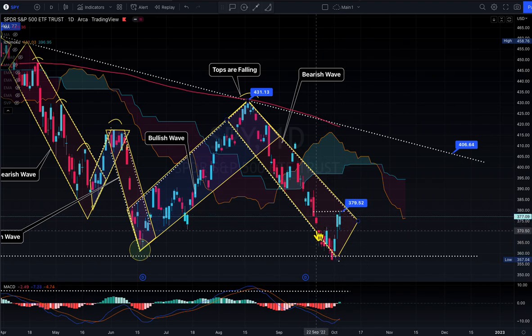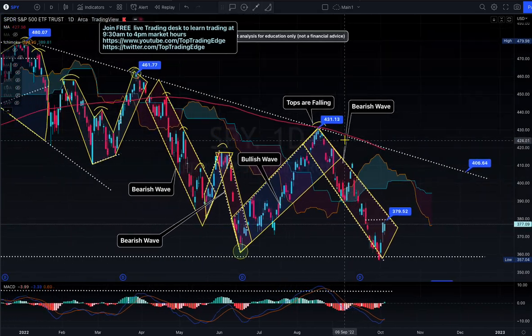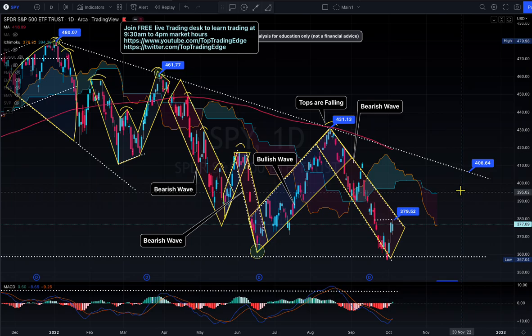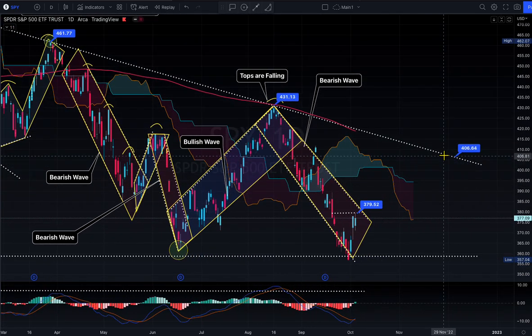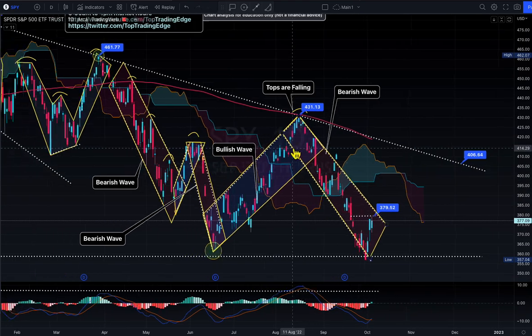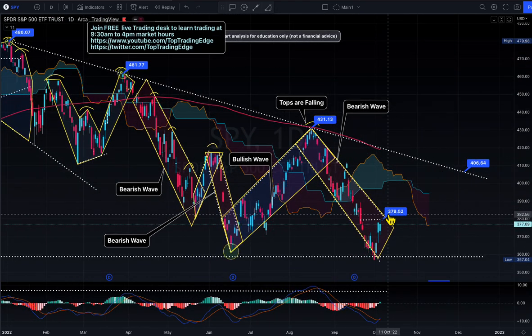I think the market is going to go a little bullish in this cycle, probably a month or 2 months, depending on how earnings come out. The 200-day moving average is right there following the path of that sloping resistance trend line. So that's what is normally happening right now. Maybe we are heading into this, but diagonally we are going down. We could go up to maybe 400, 405, something like that.